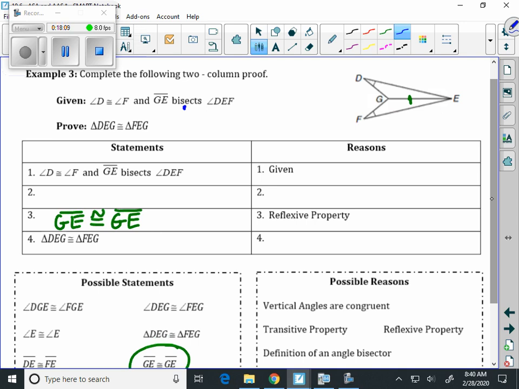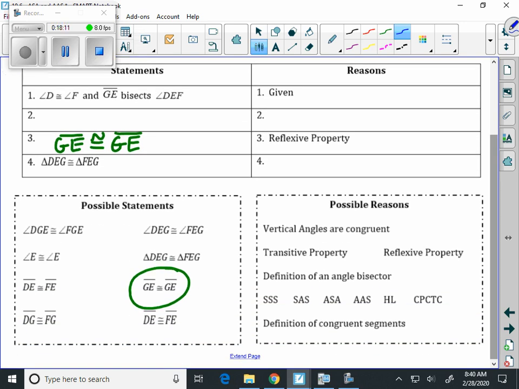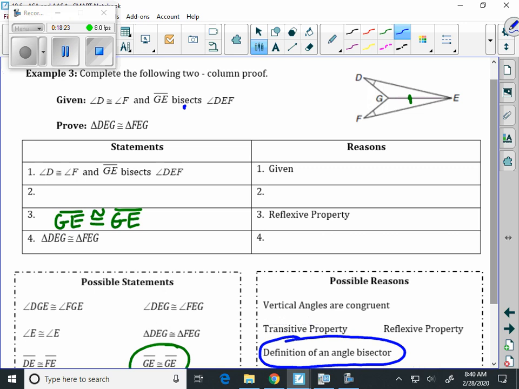If we look down in our possible reasons, do we have any statement about bisects? And what we see is that we have definition of angle bisector. So we've got that filled in now.